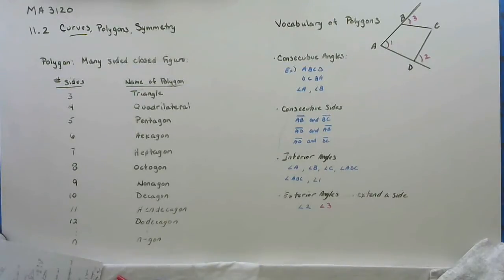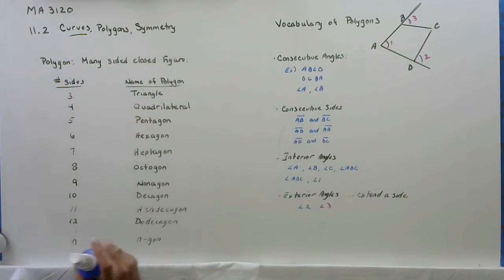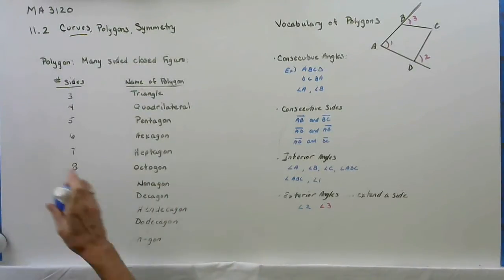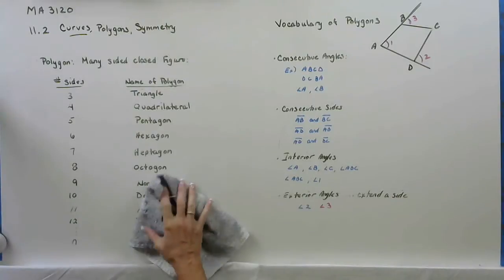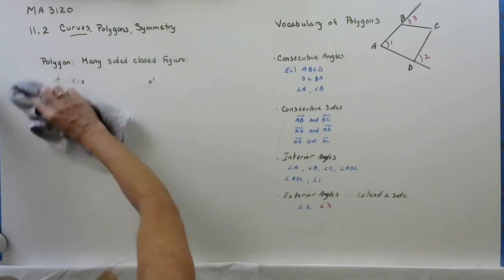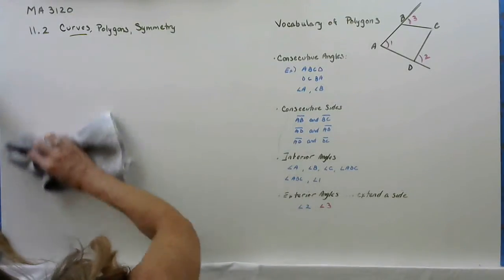Okay. So now that we've talked about some of the parts and pieces, let's look at what happens when we have side lengths or angle measures which are the same. So we're going to take a look at the word congruent. Because we don't always want to say they're equal, because equal has a variety of meanings.